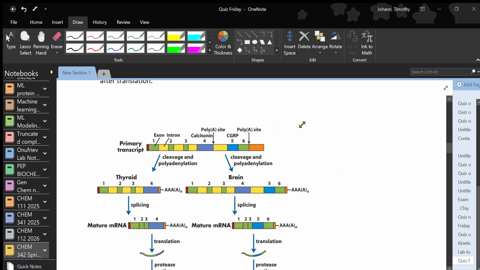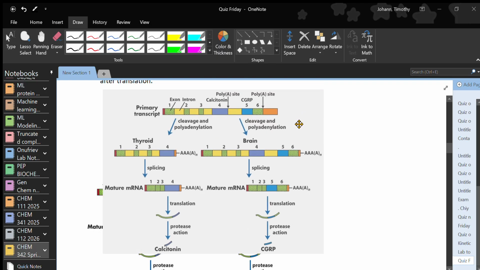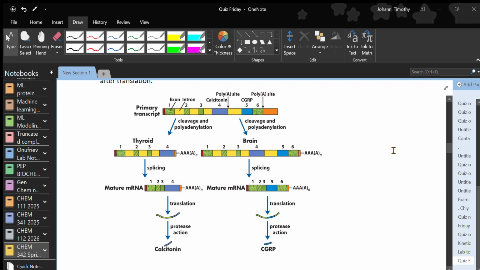I don't know how many of you get migraines. I've had a lot of students, a lot of my Gen Chem class gets migraines. But this is kind of related to this. So we've got this primary transcript that has 1, 2, 3, 4, 5, 6 potential exons that could be spliced together.